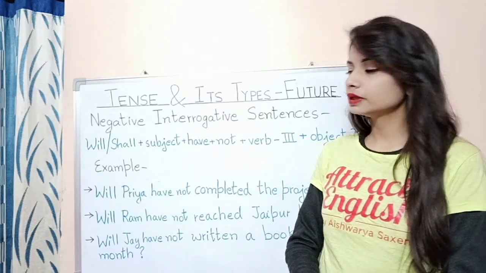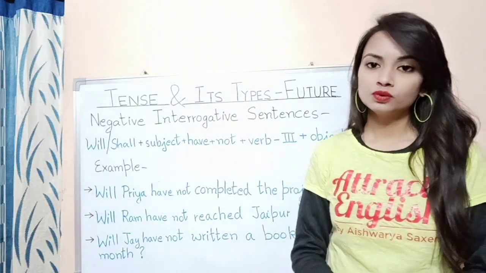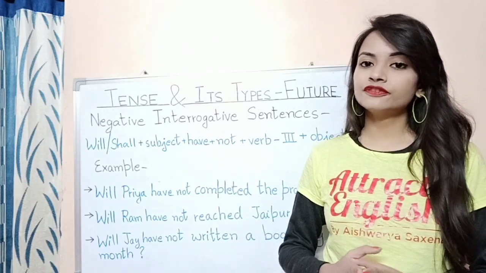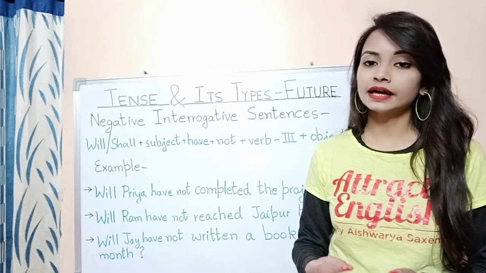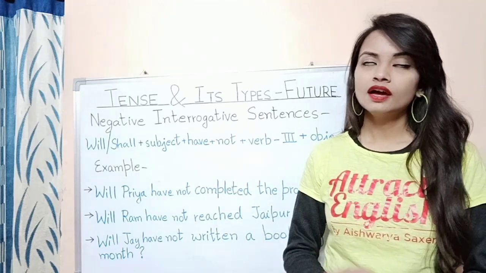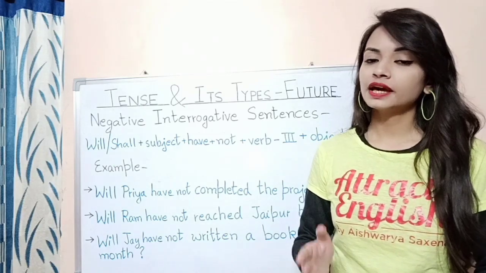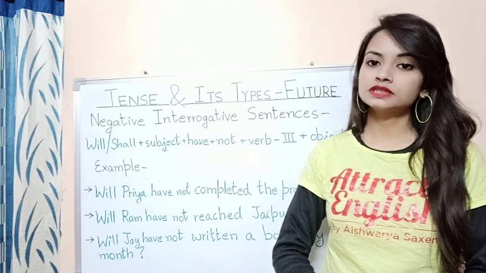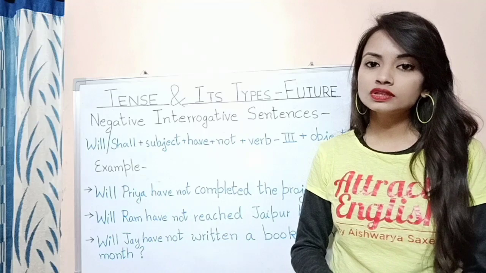Now we'll deal with the negative interrogative sentences in future perfect tense. Initially, I would like to tell you the difference between a negative interrogative sentence and an interrogative sentence. Okay, an interrogative sentence is framed to ask if an action will take place, and a negative interrogative sentence is framed to ask if an action will not take place.